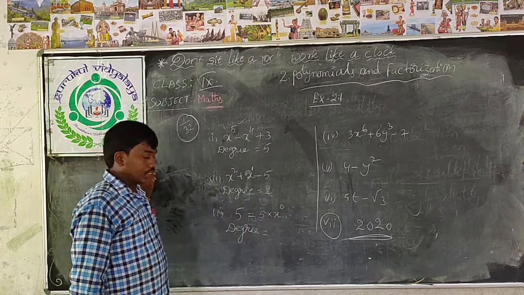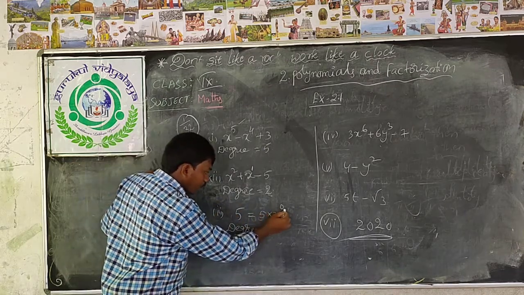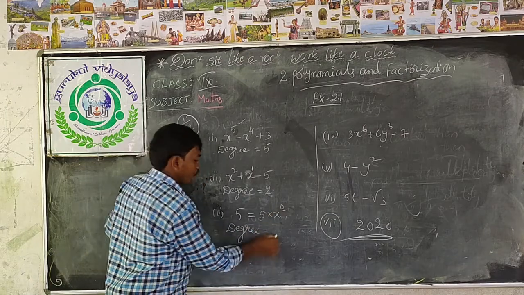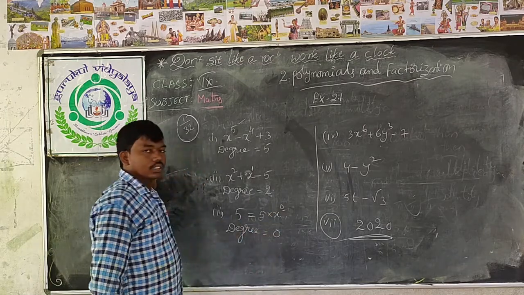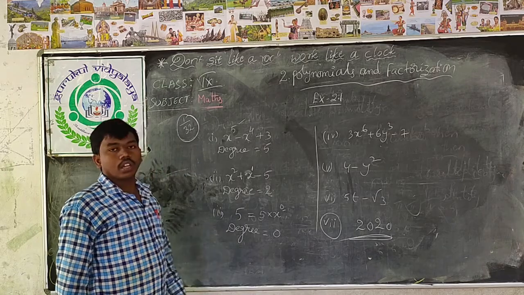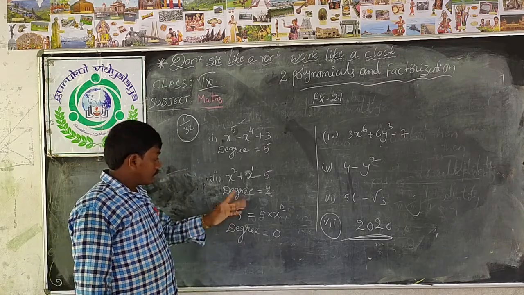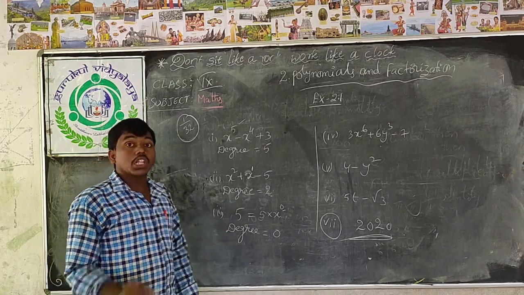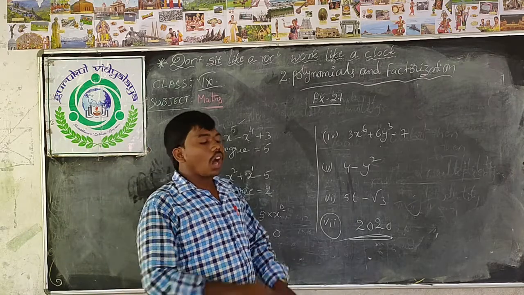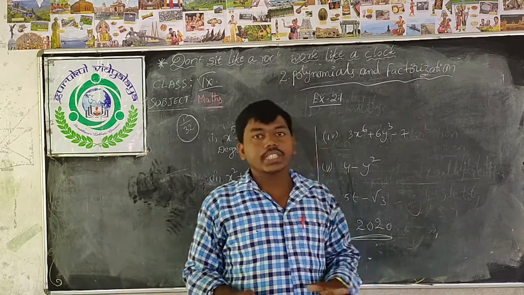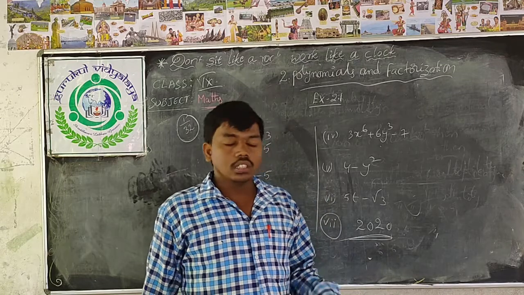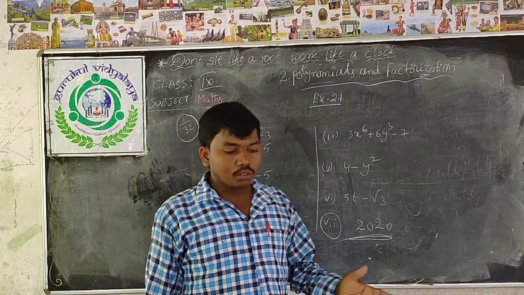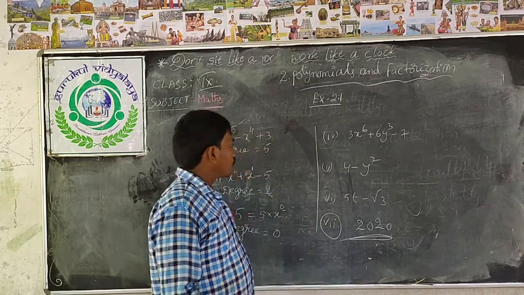Now what is the degree? 0. So the degree of 5 is 0. 5 is also a polynomial of degree 0. It is called a constant polynomial. All constant numbers except 0 are called constant polynomials: 1, 2, 3, any number other than 0.